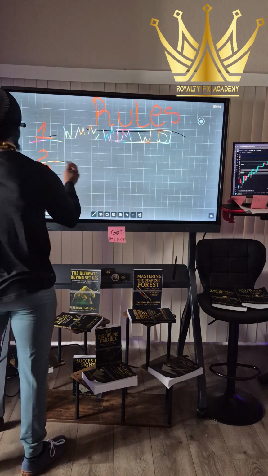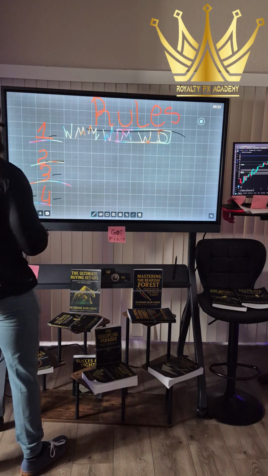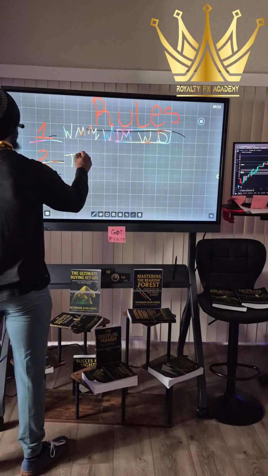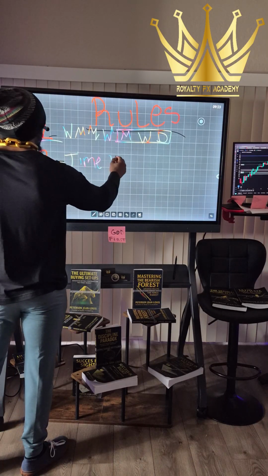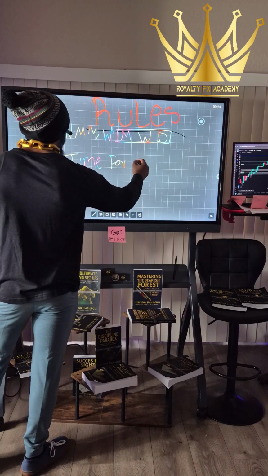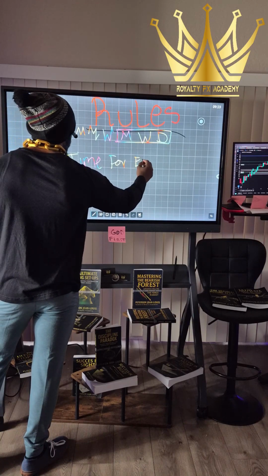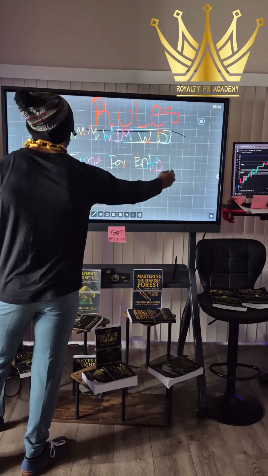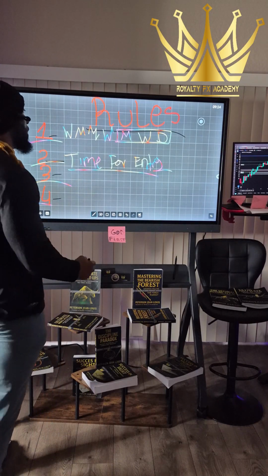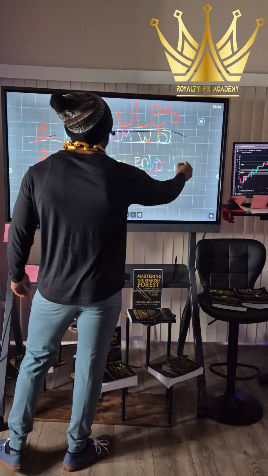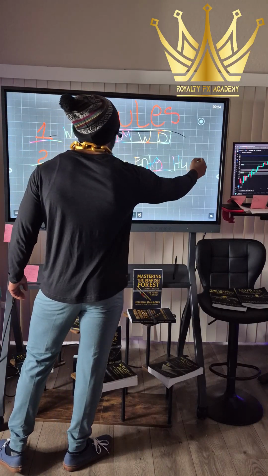Now, rule number two is the time frame you will use to enter your trade. This is your time frame for entry, the time frame you're going to use to enter, and that is the H4. The H4 is the 4-hour time frame.